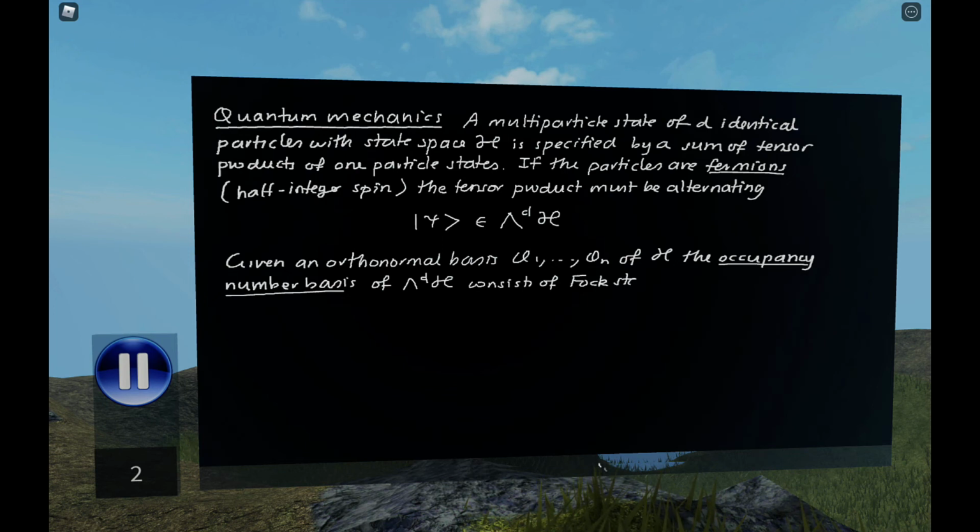So usually these are written as follows: 0 meaning there's no particle in the first copy of H, so that's unoccupied. And if the first one appears at index I1 and the second one appears at index I2 and so on, then this state is just the wedge product of the corresponding thetas.